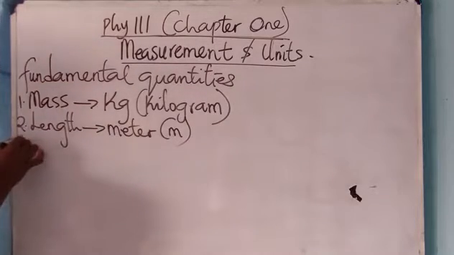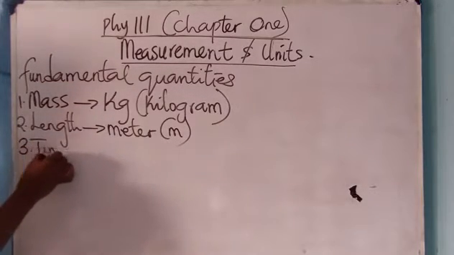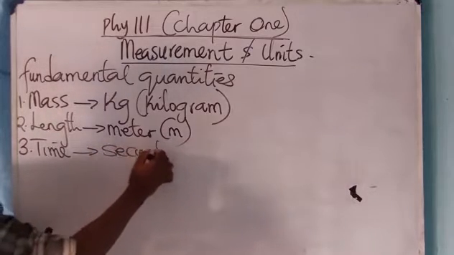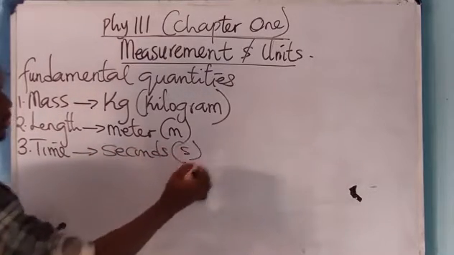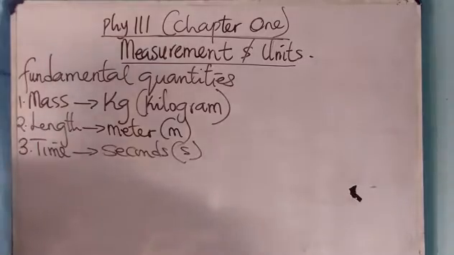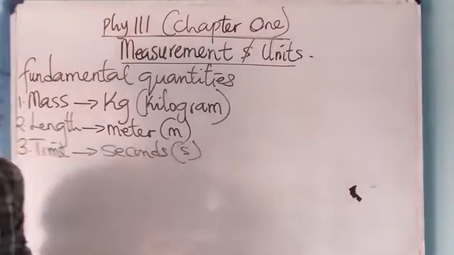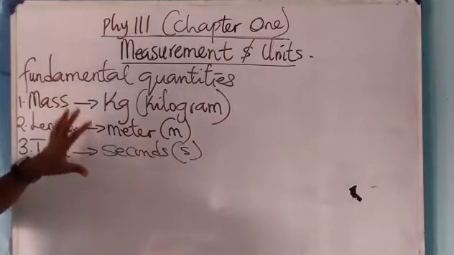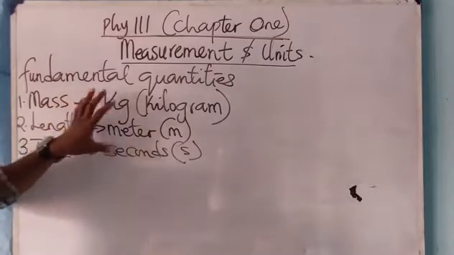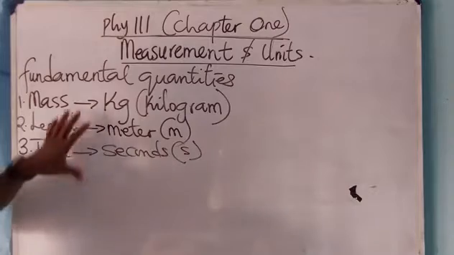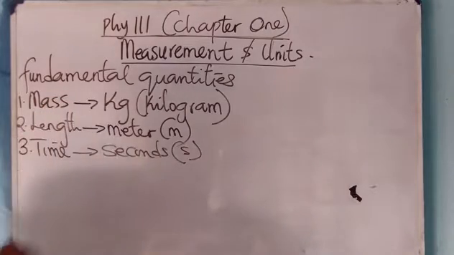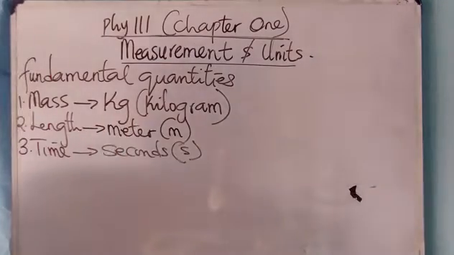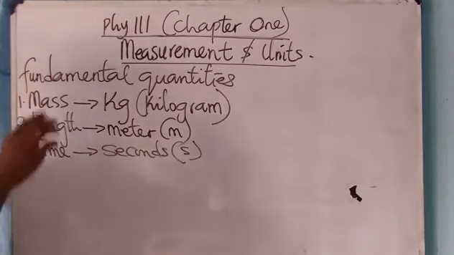Number three is time. Time is measured in seconds, denoted as small letter s. In physics, these are the three most fundamental quantities.